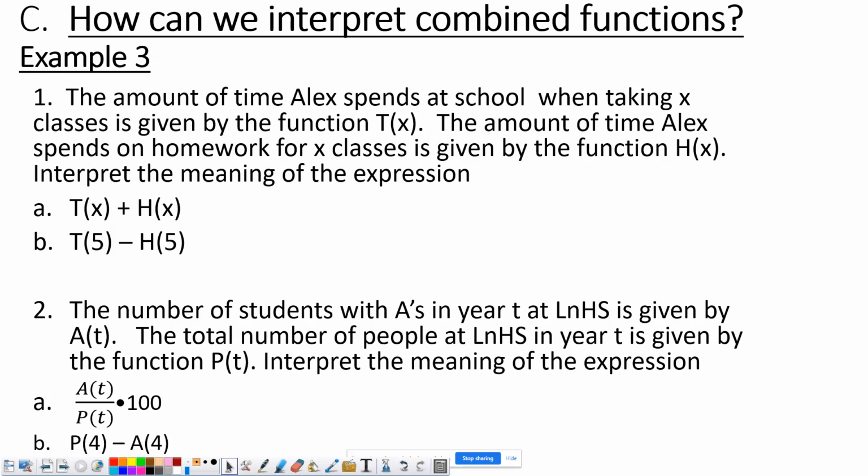All right, example 3. The amount of time Alex spends at school when taking x classes is given by the function t of x. So I'm going to make some notes on the side here. x represents the number of classes he's taking.